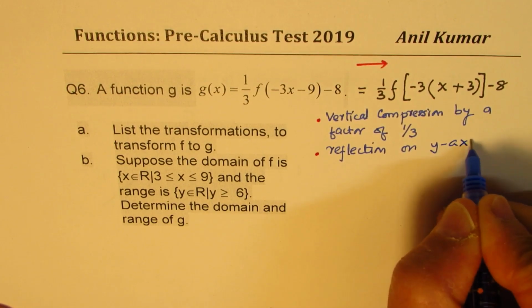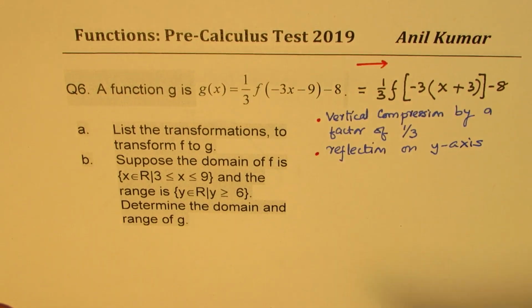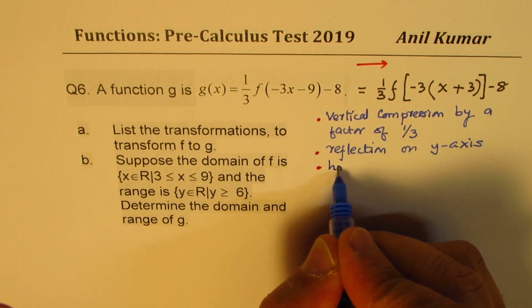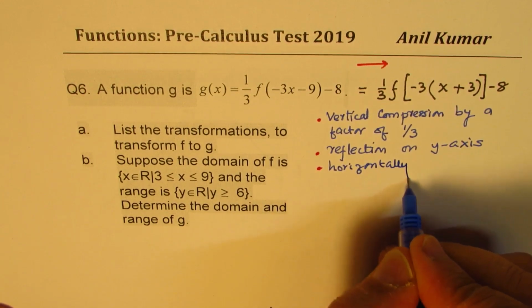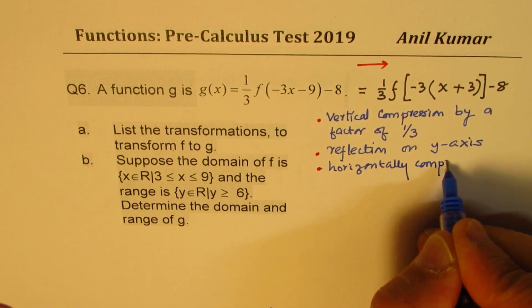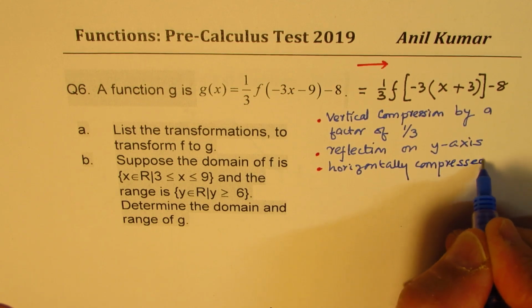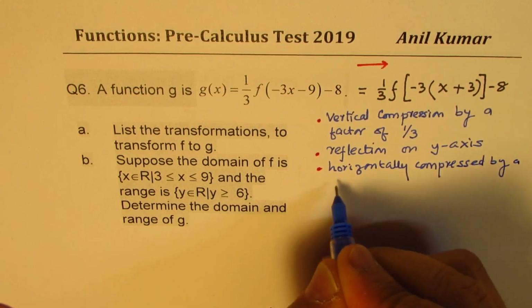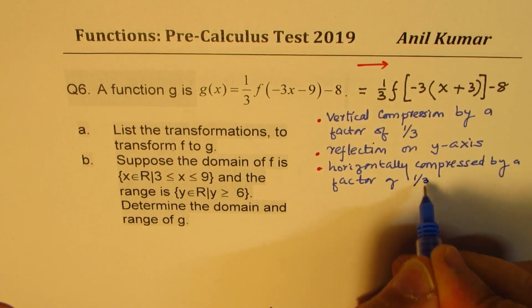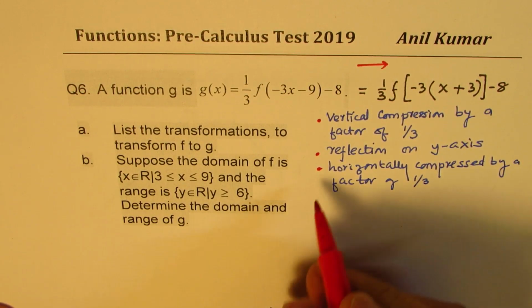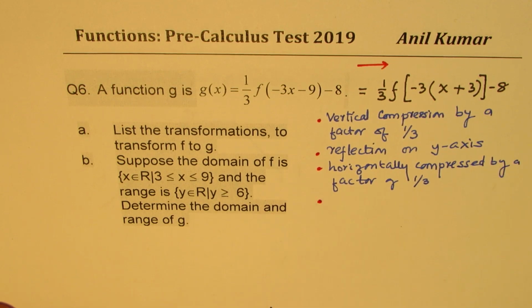Y-axis. It's horizontal, right? And then 3 means horizontally compressed by a factor of what? 1 over 3, right? So all the points will come closer horizontally.